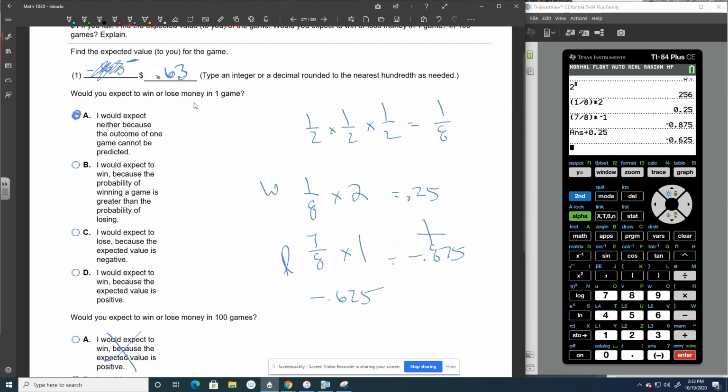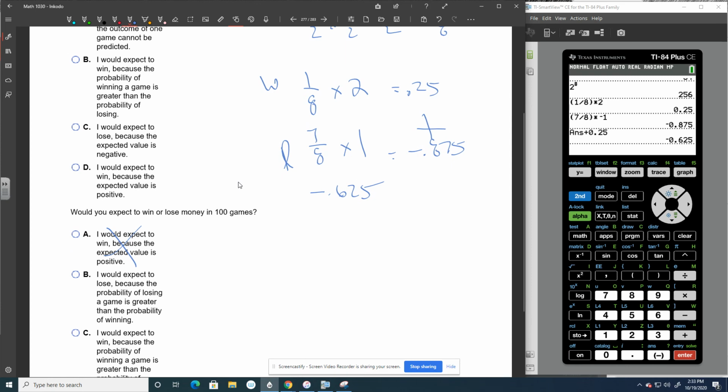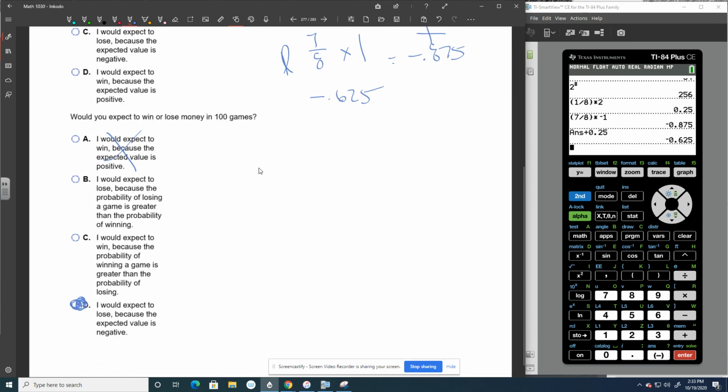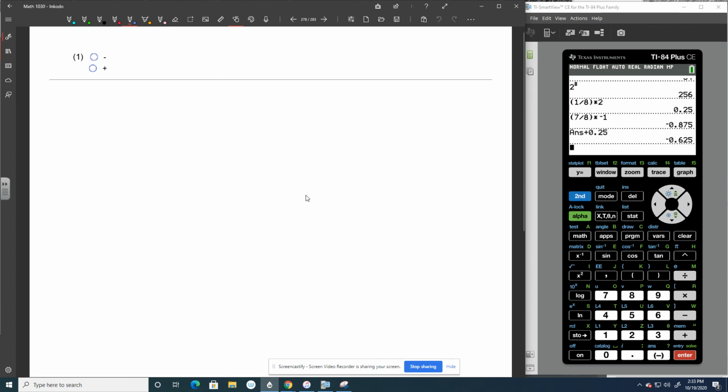Would you expect to win or lose money in one game? Well, we would expect the probability would be to lose, but that doesn't give me my expected value, because that's spread out over lots of games, not just one game.